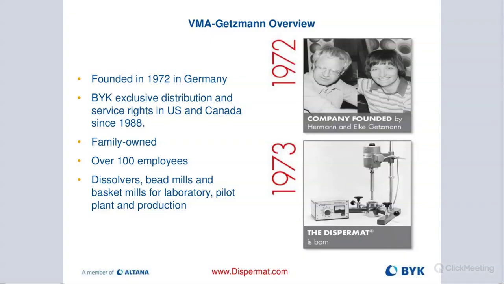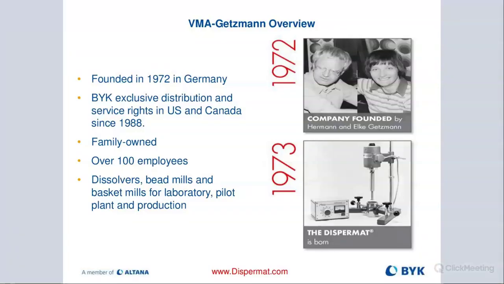So VMA is the manufacturer of this equipment. It's a German company. They are based in Reichshof, which is about 30 miles east of Cologne, kind of in the center of Germany. The company was founded in 1972. The beautiful couple that you can see right there on the top right, Hermann and Elke Getzmann.